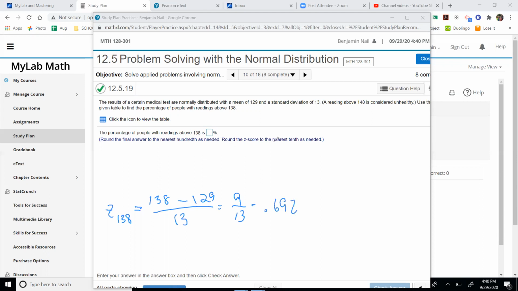Again, round our z-score to the nearest tenth as needed. So that 0.692 is approximately 0.7. I am going to bring this over here to the side so I don't forget that number. So we need a z-score of 0.7.